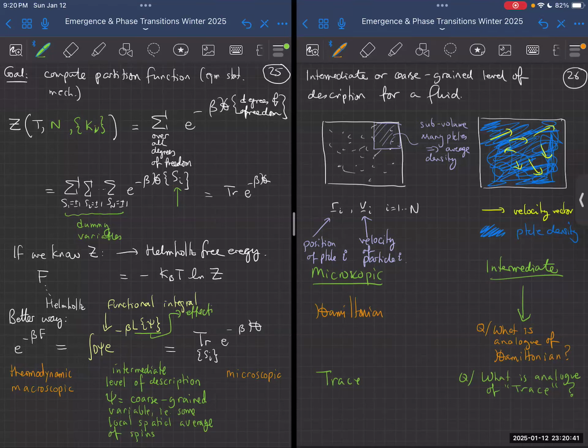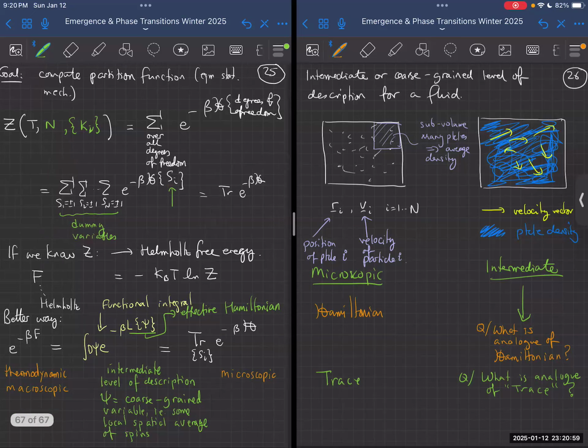I'll just call it effective Hamiltonian for now. We'll define what these things are, and how to compute them, later. But I just want to let you know that that is something that we can construct.